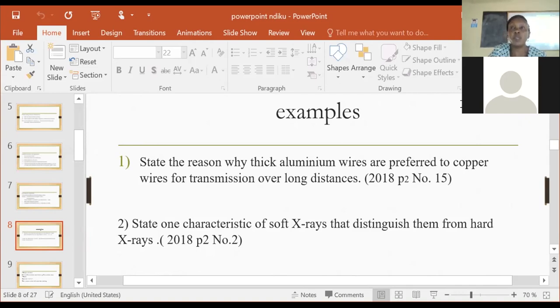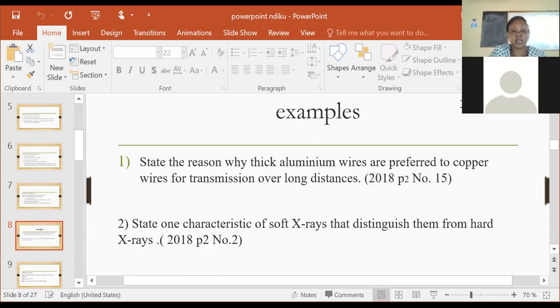You don't say aluminum is light, but the word lighter must be used. Aluminum is cheaper than copper. Aluminum lasts longer. We are comparing aluminum to copper, so we have to use the comparative term.